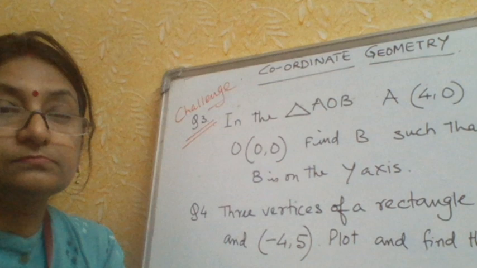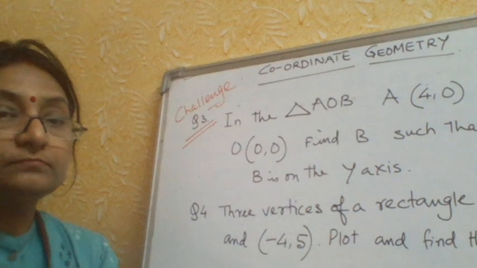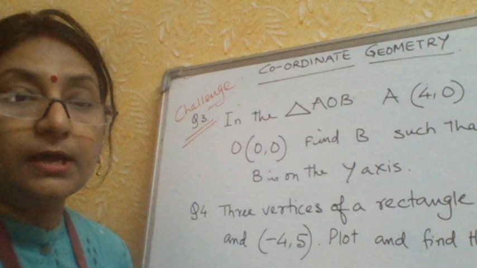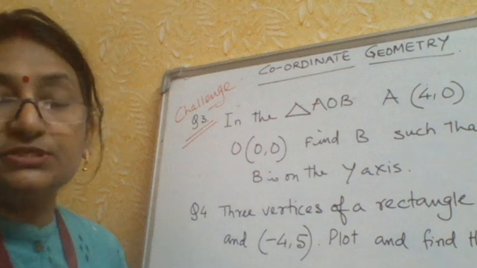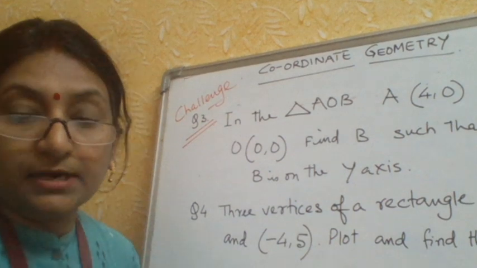Okay, so see the first question, this one. The point given to you, as I am discussing the third question, right? This is 4 and this is 0, and this is 4 comma 0 you get, then you have 0 and 0, this is your origin.